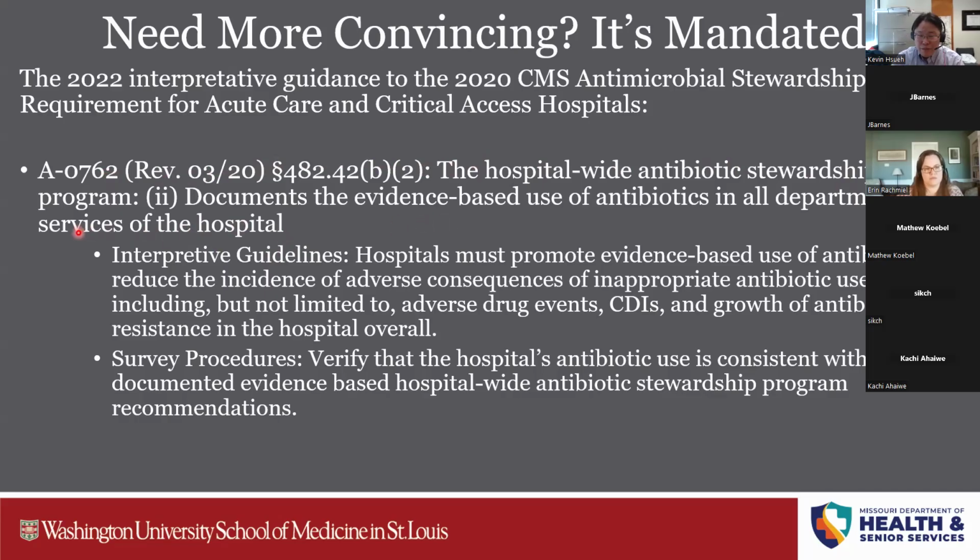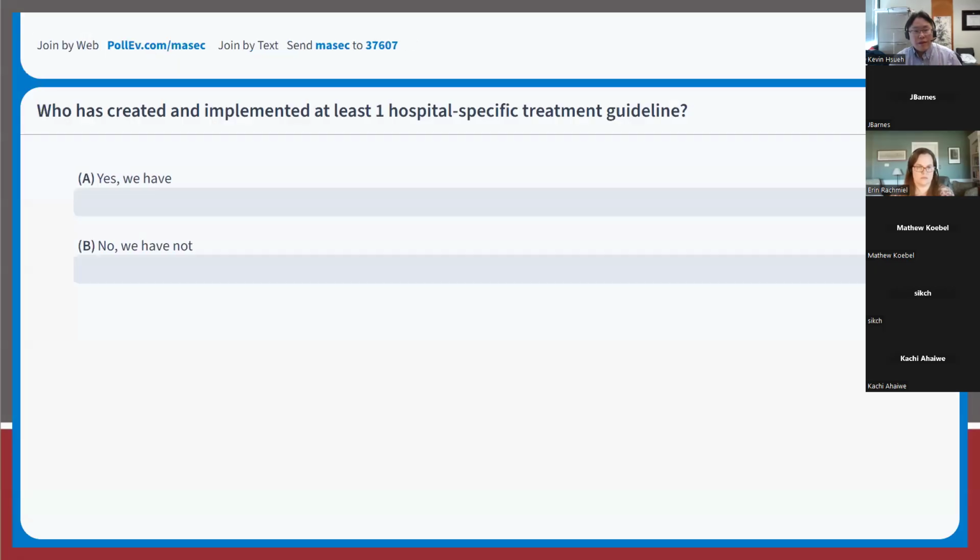If you're reading between the lines, that means you have to have interventions that reduce adverse events related to antimicrobials, but that you have to have guidance on what is evidence-based usage of antibiotics. So basically, these are implying that every hospital should have their own guidelines on what is appropriate antimicrobial use.